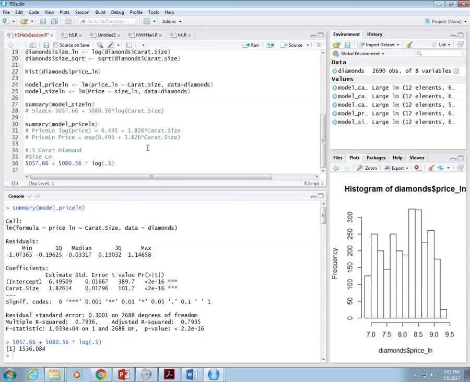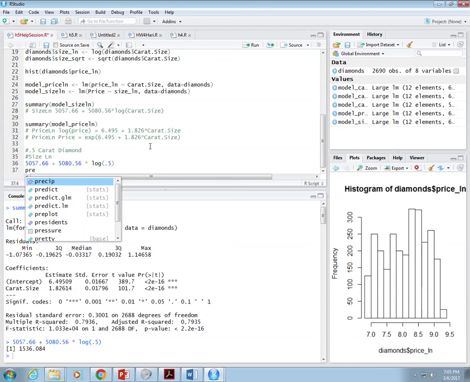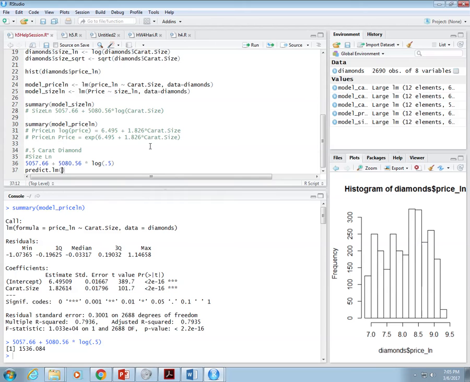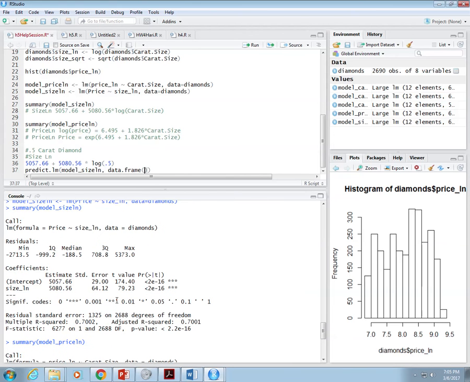If you want to do this with the predict, it's a little bit trickier, but you'll do predict lm, the name of the model, and then the new data set. You need to make sure you're using the same names as here. So you can't put in carat size as your variable anymore. You need to put in size ln.